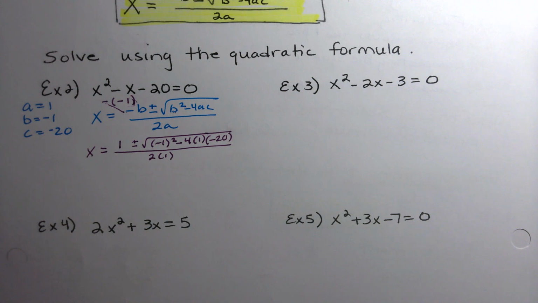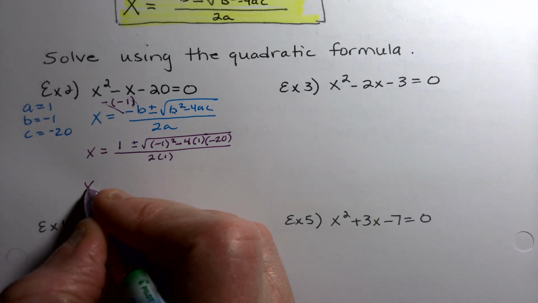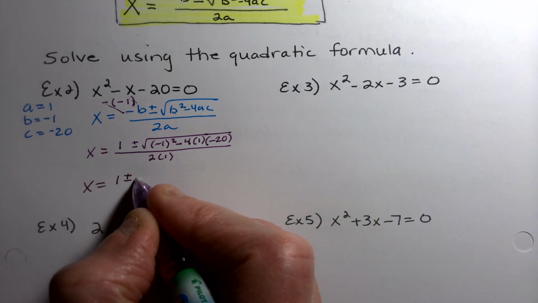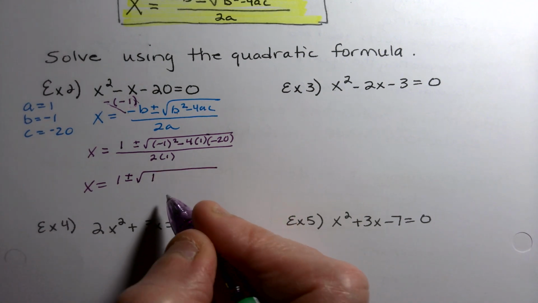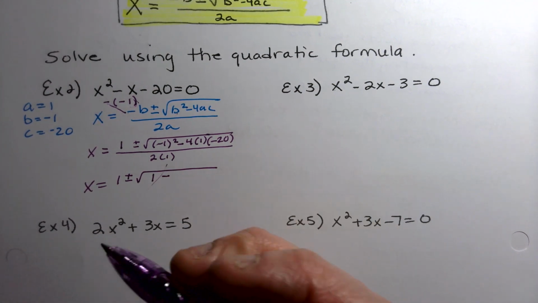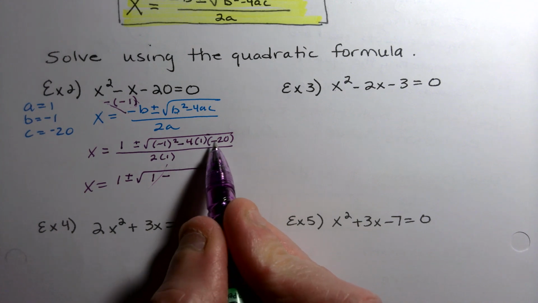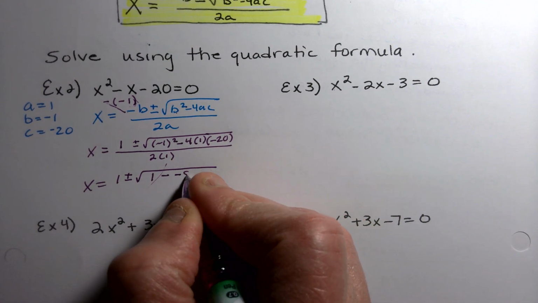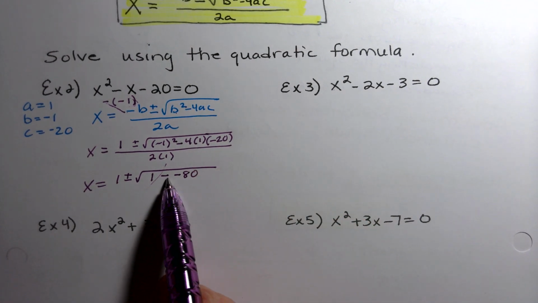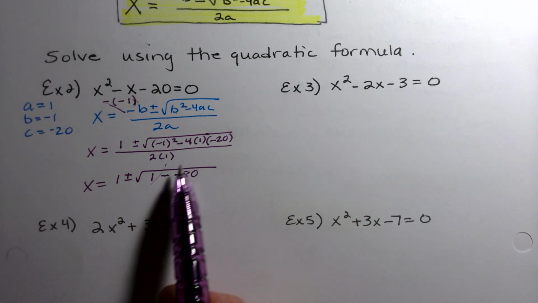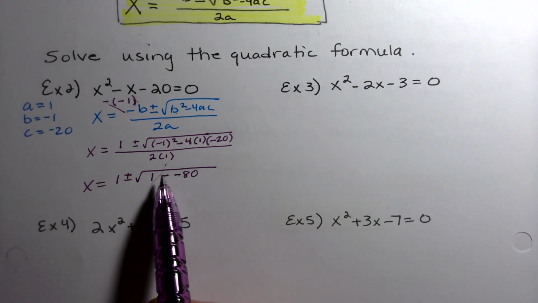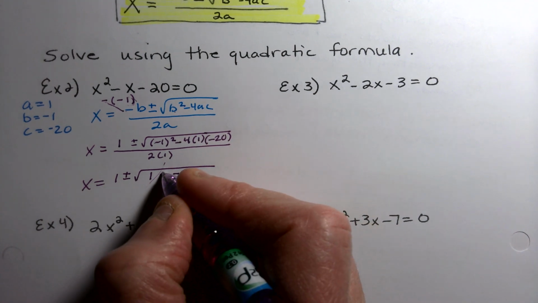So some of these things you might kind of do as you go, which is fine. I would have in the first place done this in my head, negative 1 squared and put a 1 minus 4 times a negative 20 is a negative 80. Right there, people make mistakes, class. Right here. This subtraction is here, and then there's also a negative. Together they give you what?